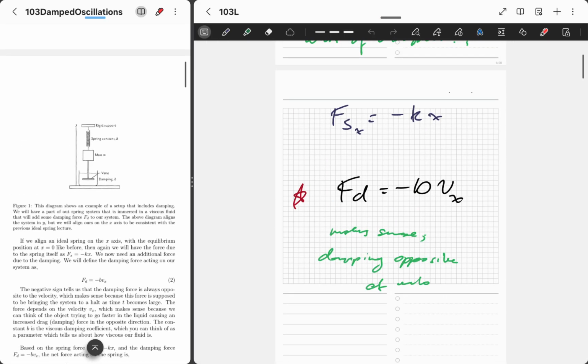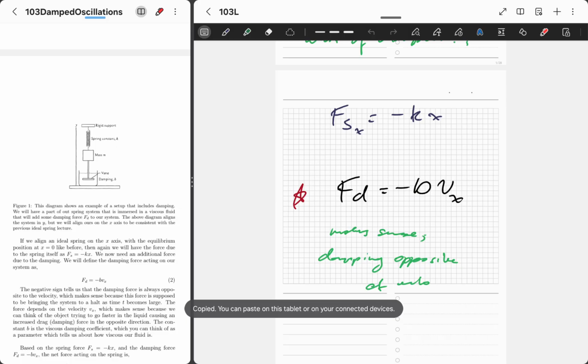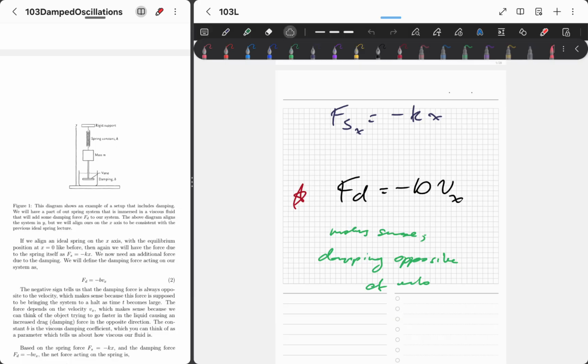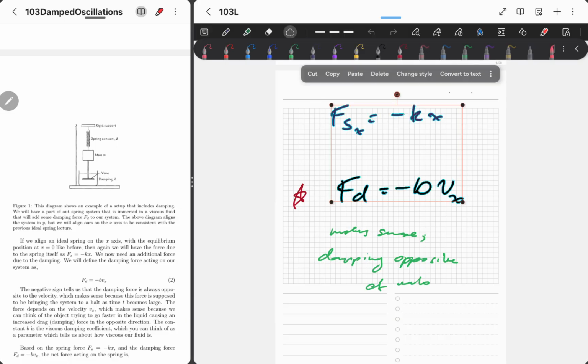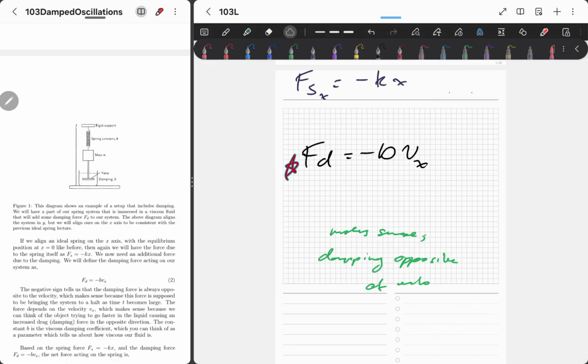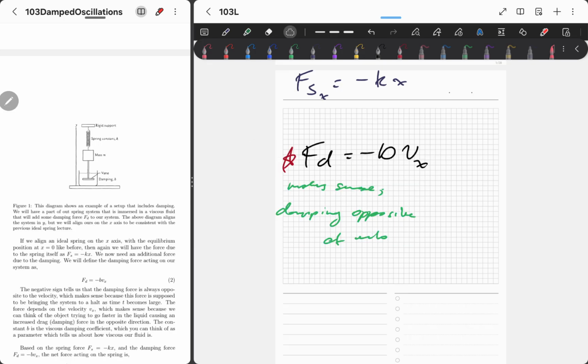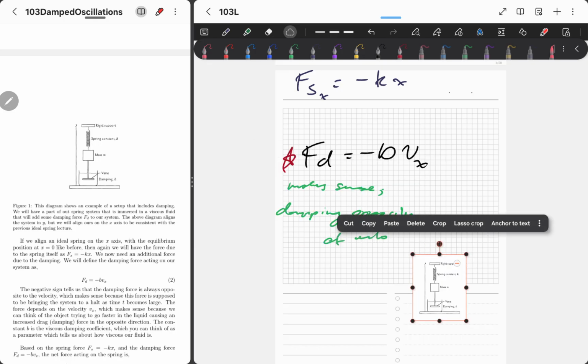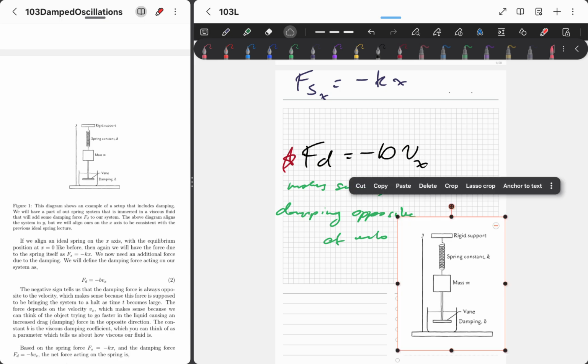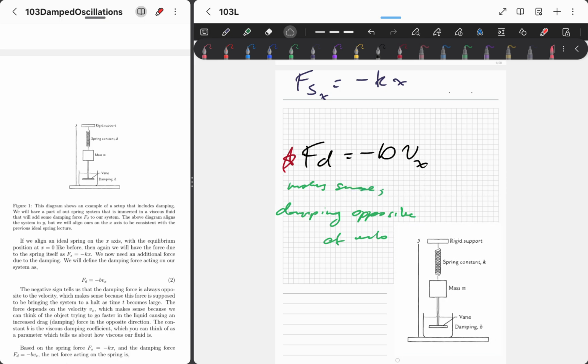So each oscillation, this liquid's going to slow us down, and eventually we're going to come to a stop. All right, so this is our damped spring system, and basically what we want to do is write down an equation of motion for this system, solve it, and see what the predicted trajectories are. Right, so it's the same basic rationale as the last couple of classes, just a bit more complicated now because we have an extra force to consider.